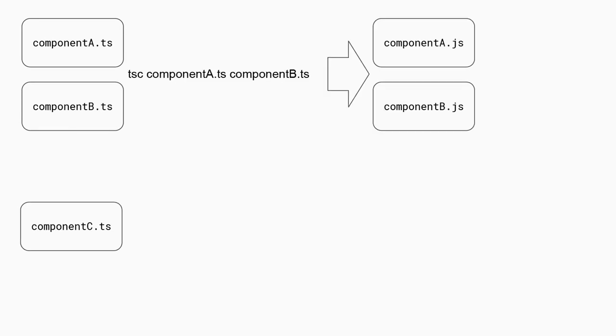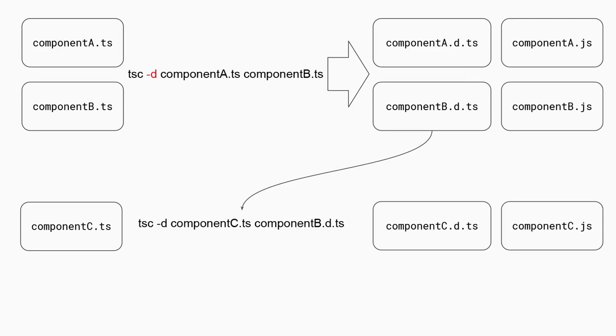You can try to first build two of them. So you pass to the TypeScript compiler component A and B. You get JavaScript back. And now the question is, how do you build C? Because C depended on B, but B already got built. What do you feed into the compilation of C? Well, this is a very standard trick, but TypeScript has this magic -d flag.